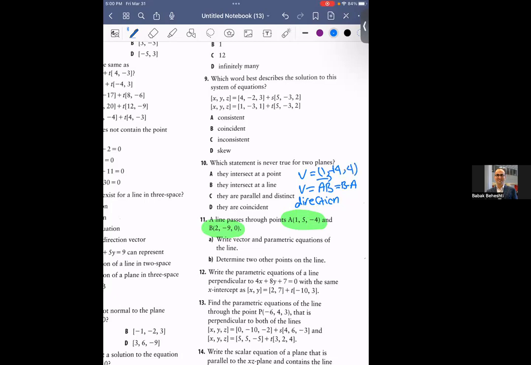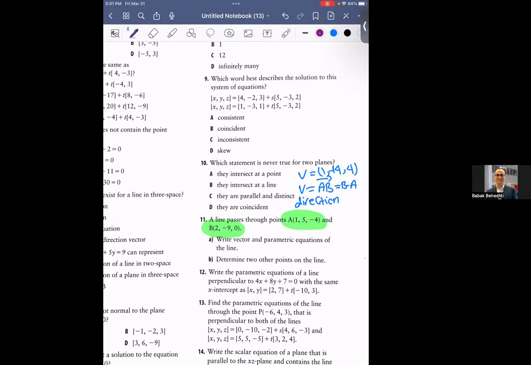So the direction vector of that line is given by AB, which is (1, -14, 4). You have the direction vector, and you can use either of these 2 points as a point, and then you can write the equation.